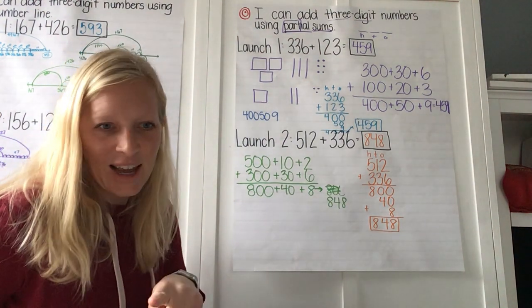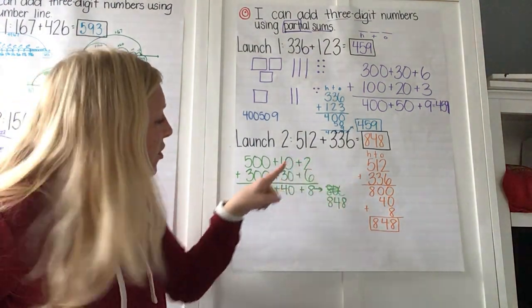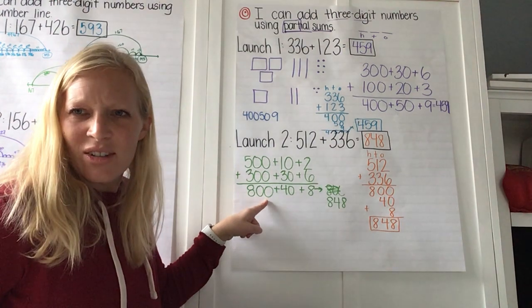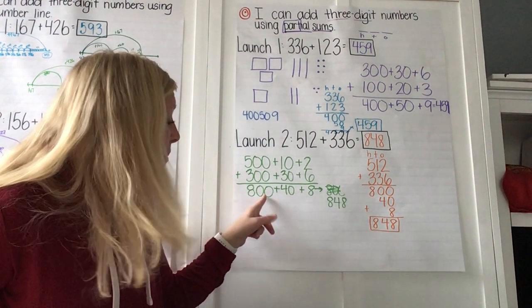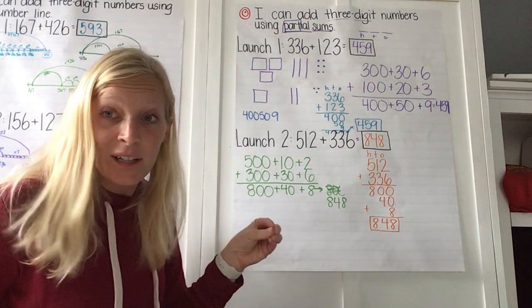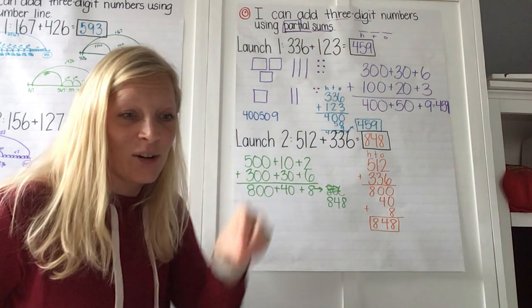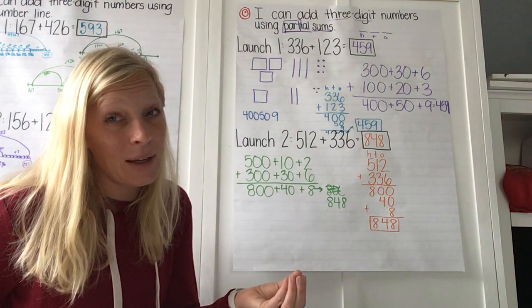I was wondering if anybody was going to catch on to that. With this one, we added the hundreds first. With this one, we added the ones first. Do you think it matters? I don't know. I bet you could do the same thing here. As long as you are adding your hundreds, adding your tens, adding your ones, I imagine it would get the same answer. What do you think?